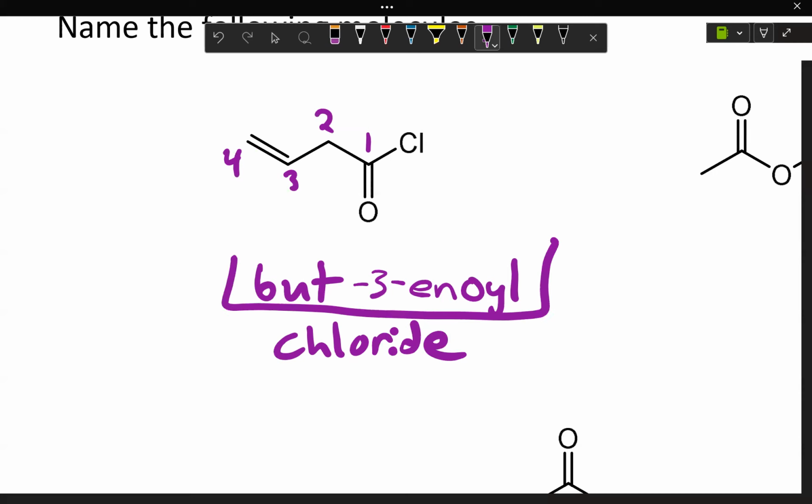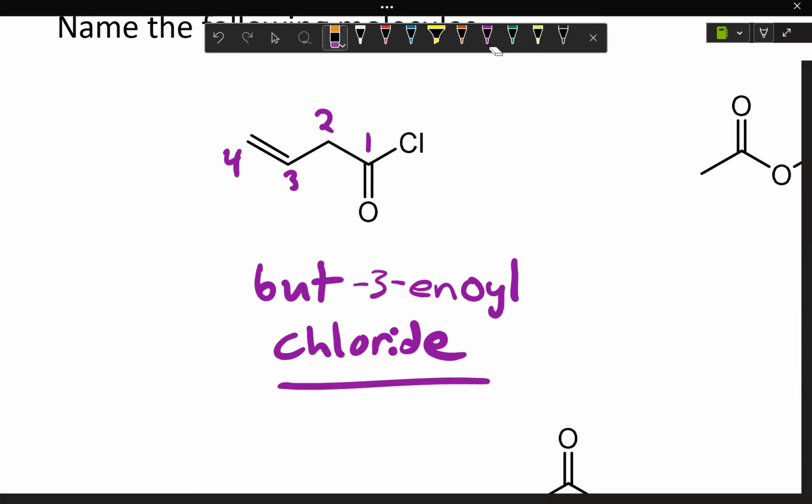We're kind of naming this as a substituent for the chloride. And that's how you name acid chlorides: do the parent chain, end in -oyl, and then space, and then end it in chloride. So that's naming acid chlorides.